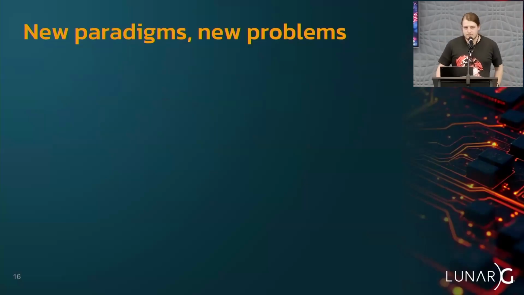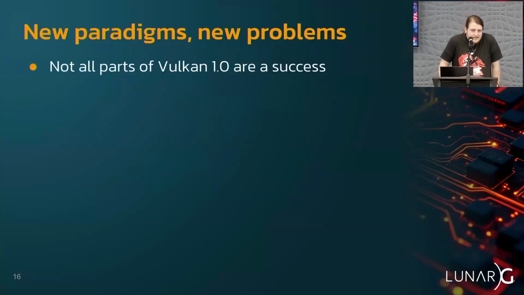New things, new problems. Vulkan 1.0 is a spec that is 1.0, not the best version that ever existed. How many of you have written something and the first time you compiled it, there were no compiler errors and it ran perfectly and it met all your feature requirements and no user bugs were reported? No, that never happens.